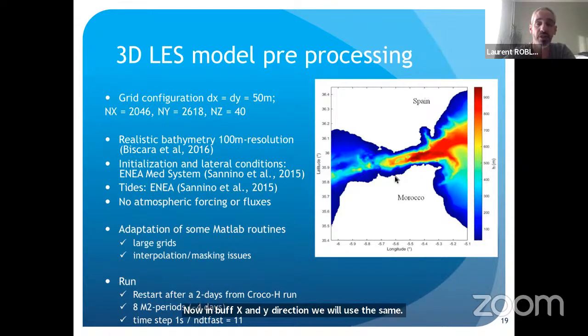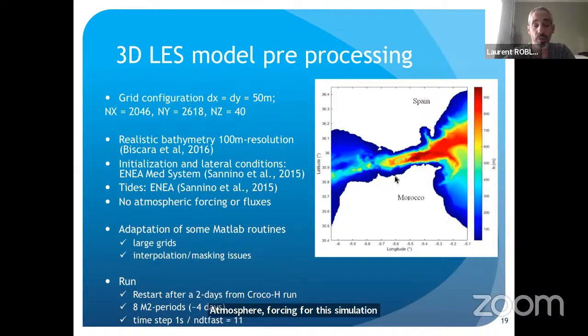The lateral and initial conditions are provided by the Mediterranean system from the ENEA organization. The tidal forcing includes 4 constituents, namely M2, S2, P1, and O1. And we still do not apply wind forcing nor atmospheric forcing fluxes for this simulation.